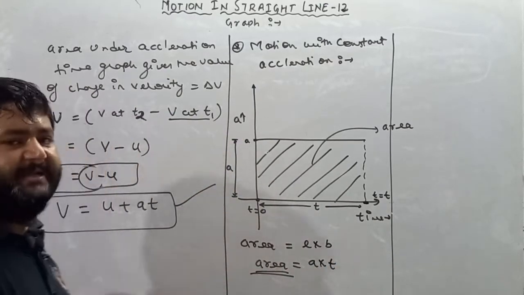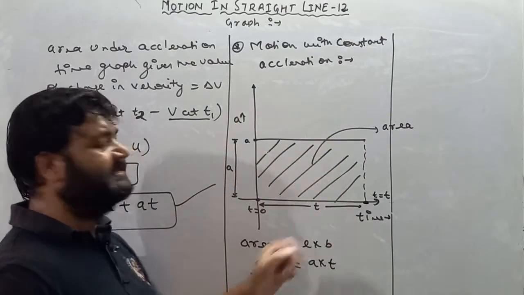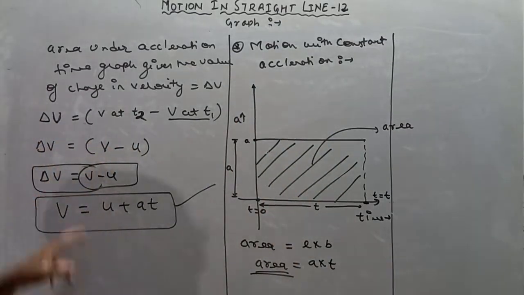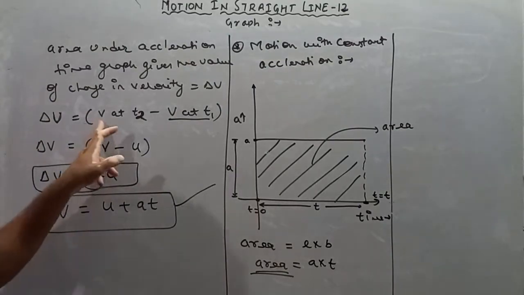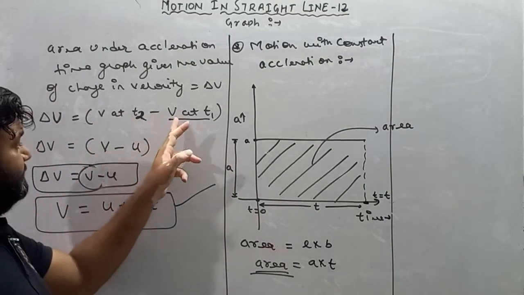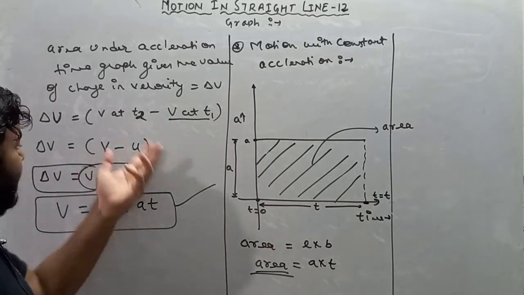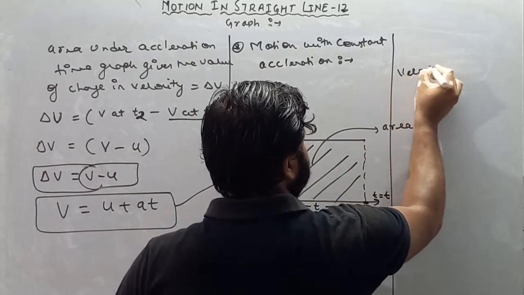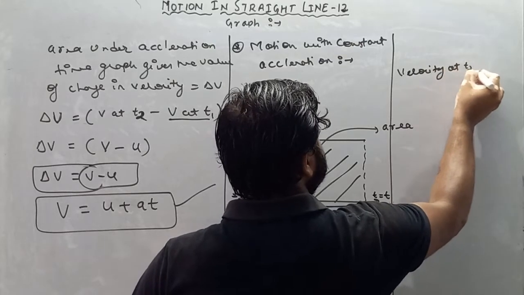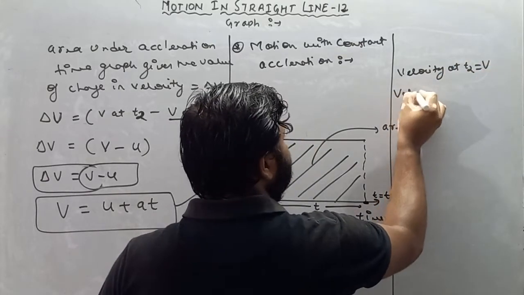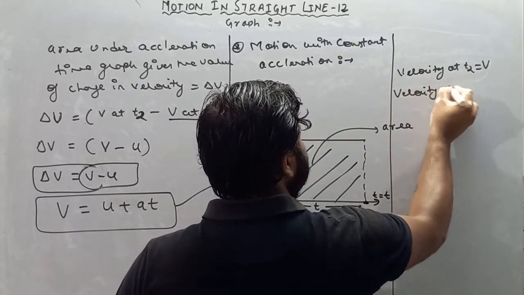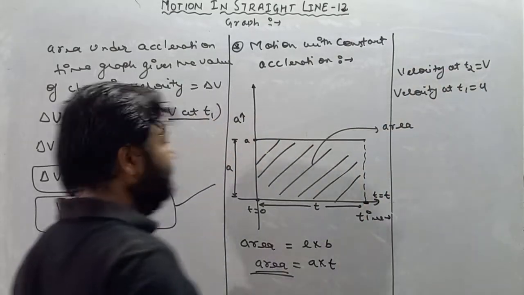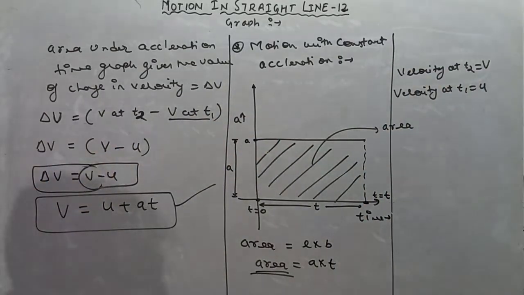Now come to the area. We know that the area under the acceleration time graph gives change in velocity. So change in velocity is nothing but velocity at t2 minus velocity at t1. If I say that velocity at t2 is v and velocity at t1 is u, then delta v is v minus u.